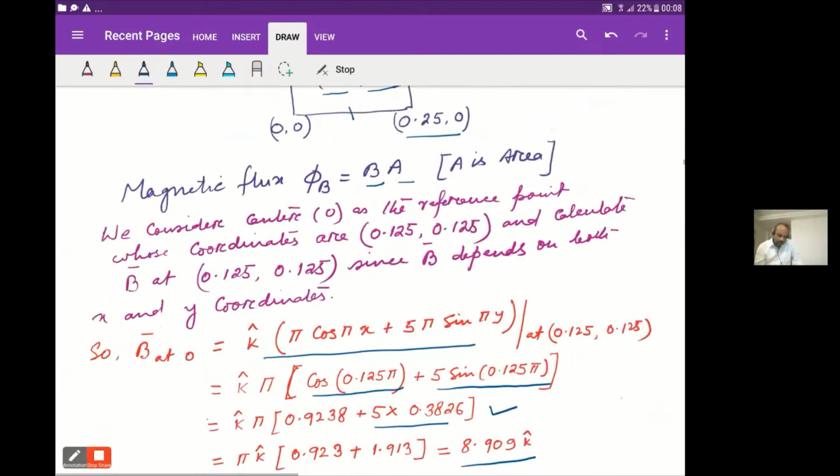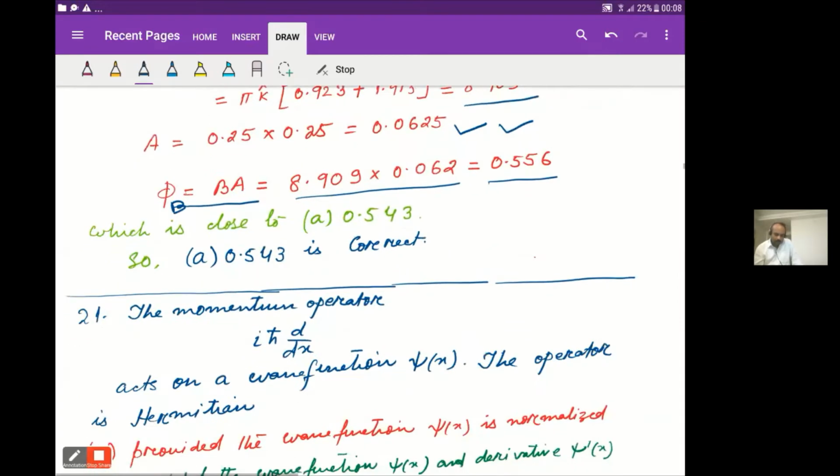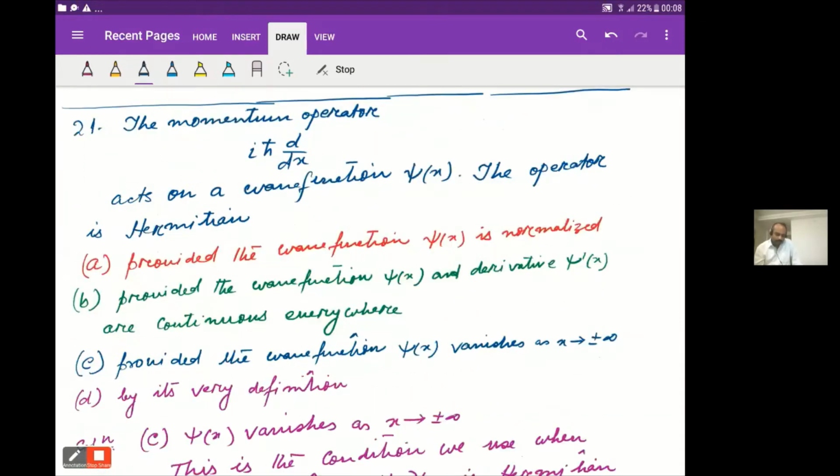Next, move to problem 21. The momentum operator minus i h cross del by del x or d dx acts on a wave function psi x. The operator is Hermitian, option A, provided the wave function psi x is normalized, option B, provided the wave function psi x and derivative psi dash x are continuous everywhere.